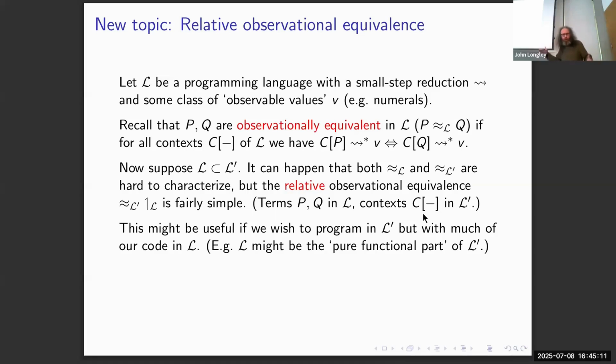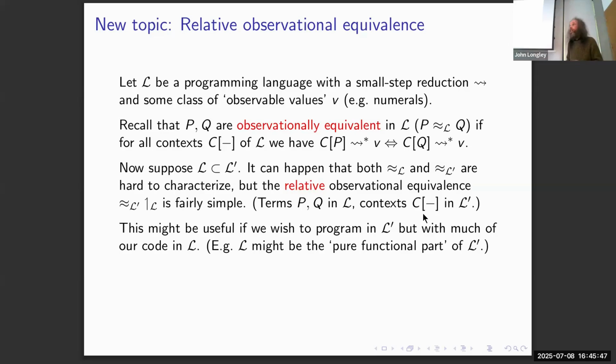So a possible motivation for this is, supposing we're wanting to program in a big language that has maybe some non-functional features in it, but we prefer, where possible, to write most of our programs in some well-behaved fragment, say a functional fragment. So we're keen on being able to reason about functional programs as they sit within this larger language, but we're aware that the programs might be run in interaction with programs with other non-functional features.